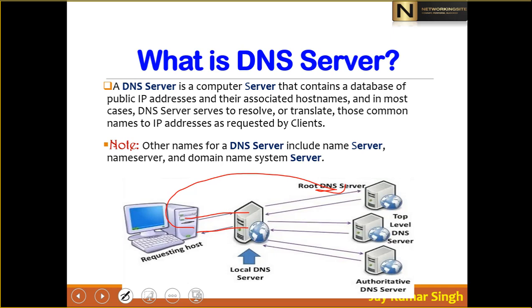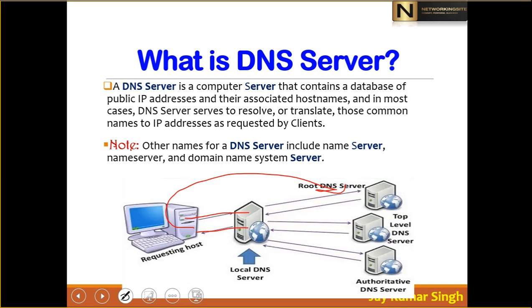Those servers are also hosted on IPs, but we cannot remember millions of IP addresses. Who will remember them? The DNS server. So the client, like our computer, sends a request to the DNS server. The DNS server resolves the request, the user gets the IP address from the DNS server, and then reaches the internet.